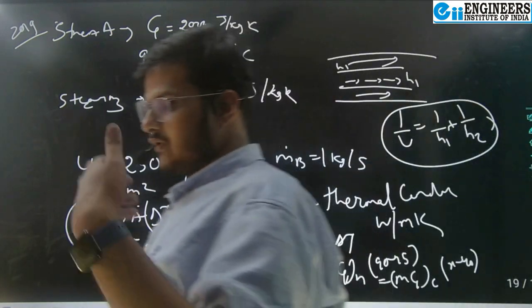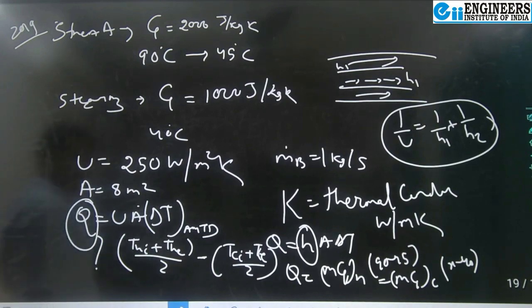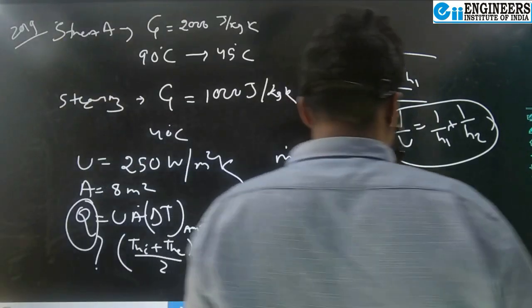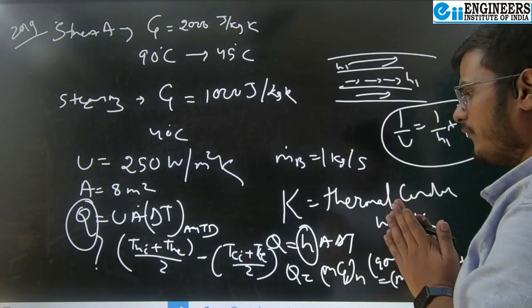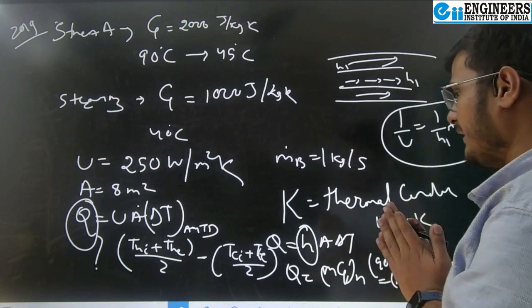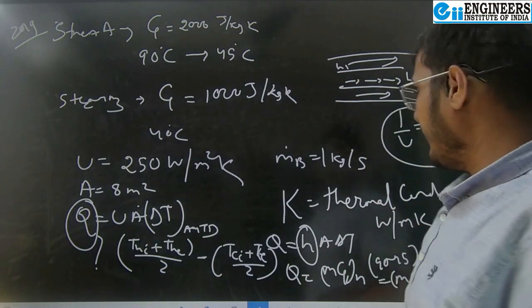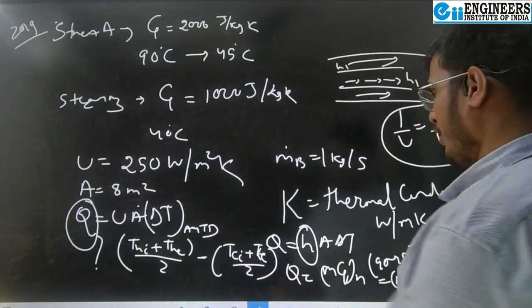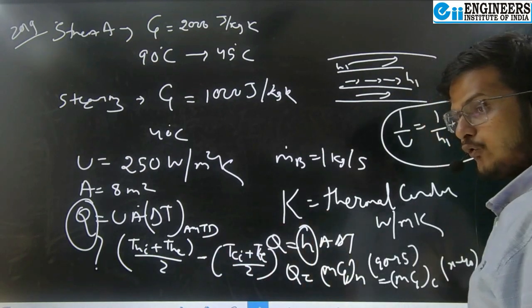So how will we approach to understand the TCE? To analyze the magnitude of TCE, initially we have to equate any of these two equations. If we see here, in this part everything is known to us, only this TCE is unknown.